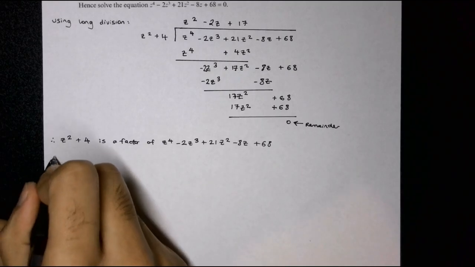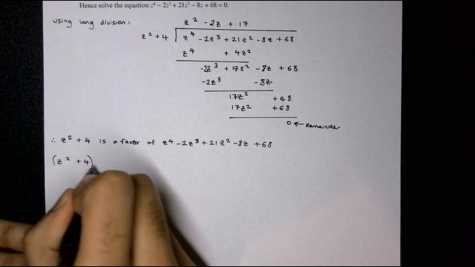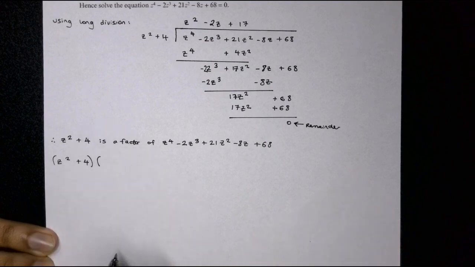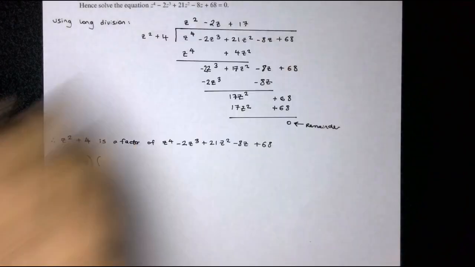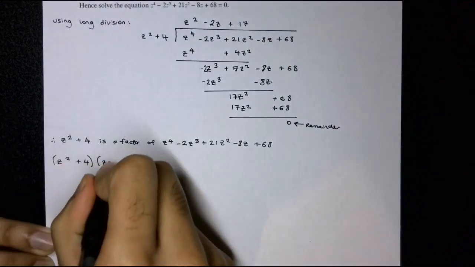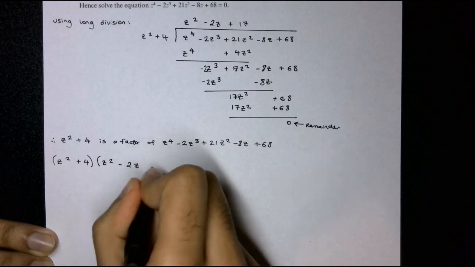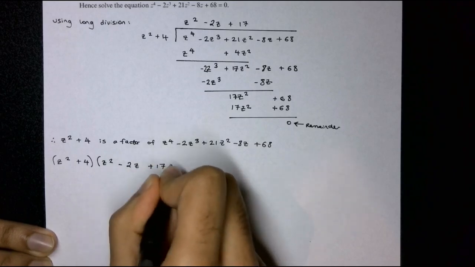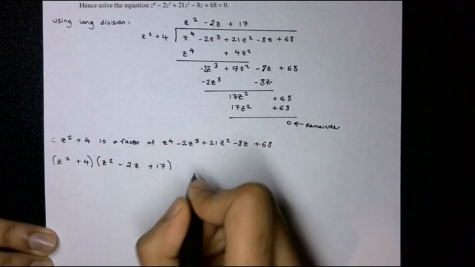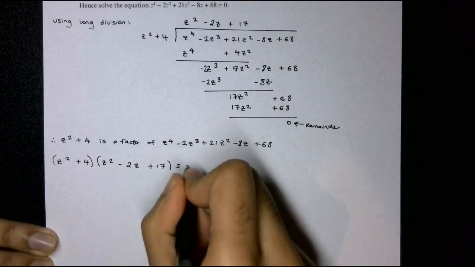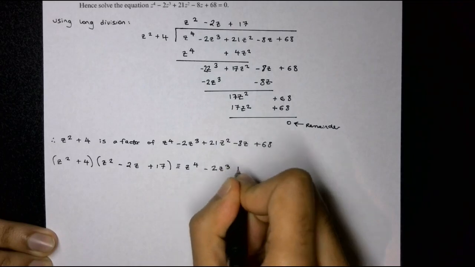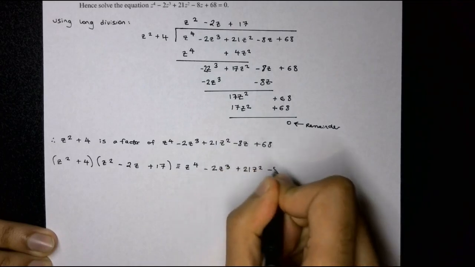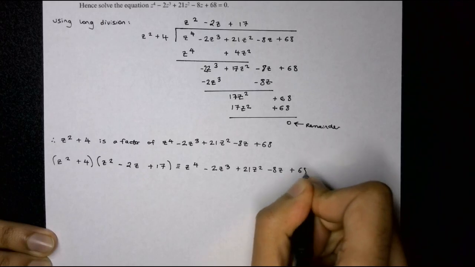And if we do that, we have z squared plus 4 multiplied by some quadratic. Now this quadratic is this result over here. Z squared minus 2z plus 17. This is all equivalent to z to the 4 minus 2z cubed plus 21z squared minus 8z plus 68.